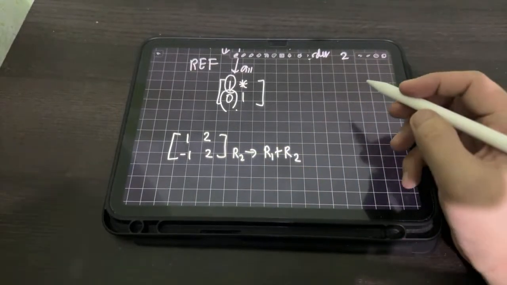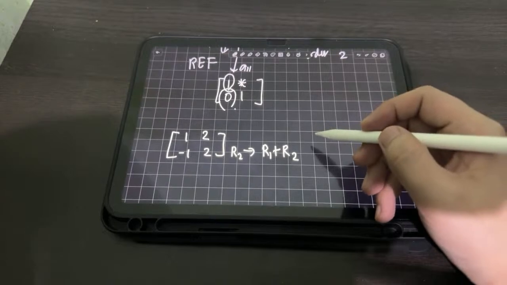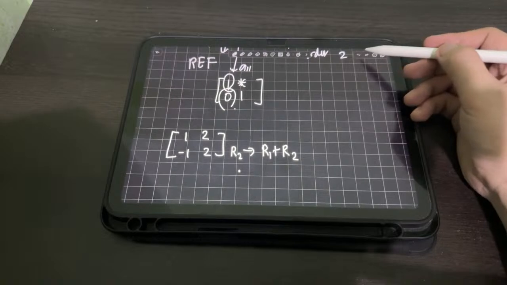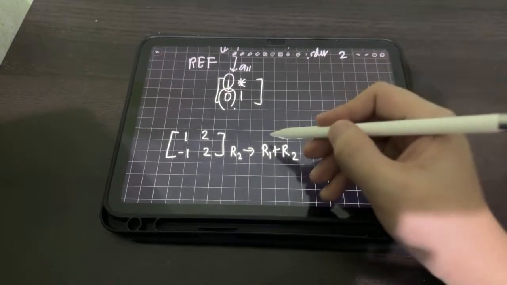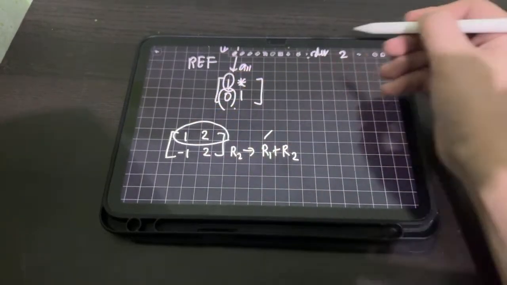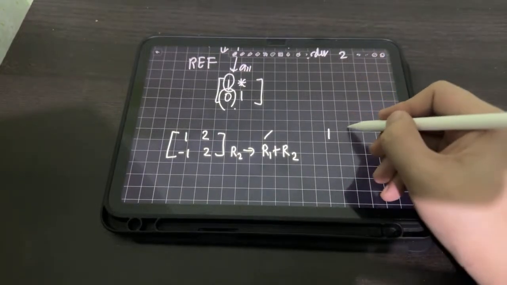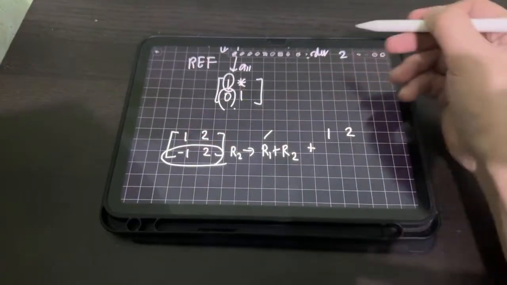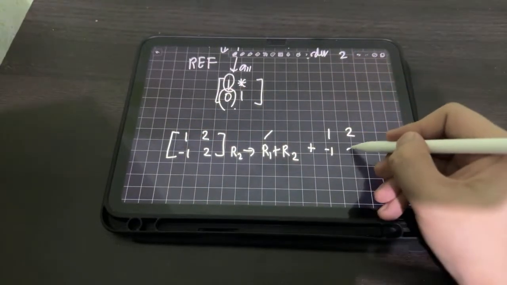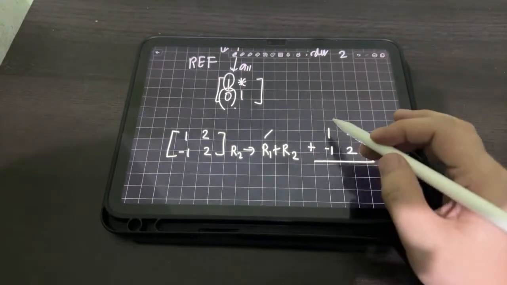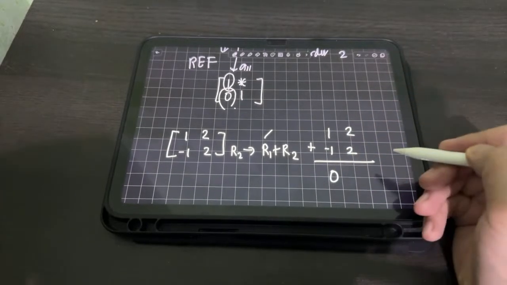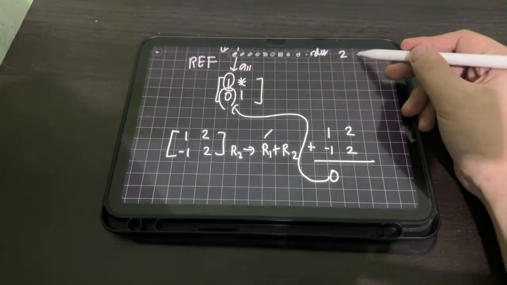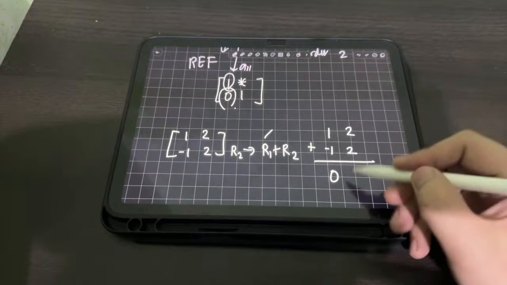So if you can't visualize what will be the new look of R2, you can write down the operations. So you will add the entries in R1, 1 and 2, with the entries in R2, which are negative 1 and 2. If you add 1 plus negative 1, that's 0, the goal, right? To make this entry 0. And then 2 plus 2, 4.